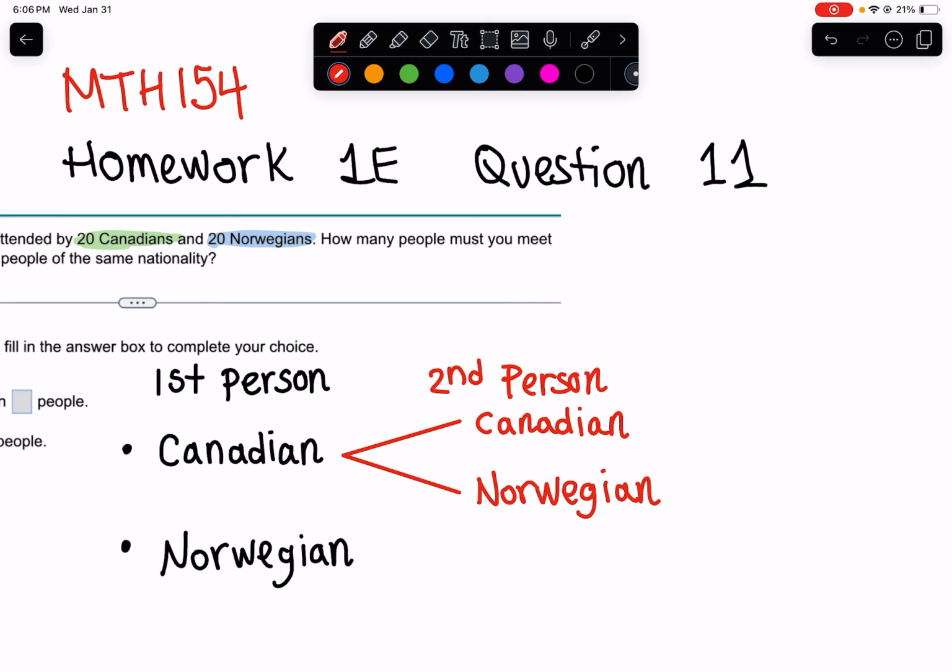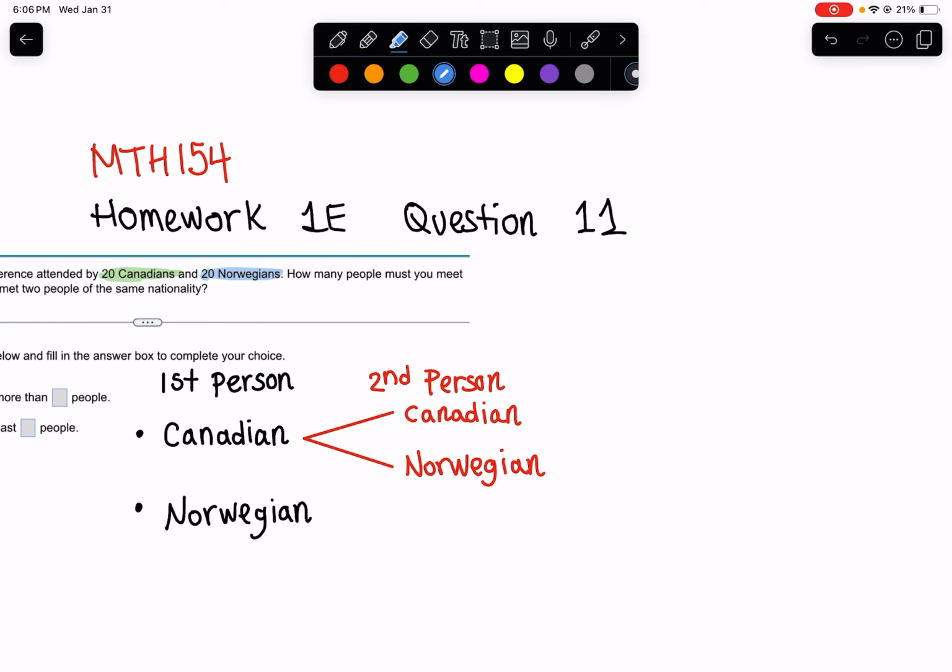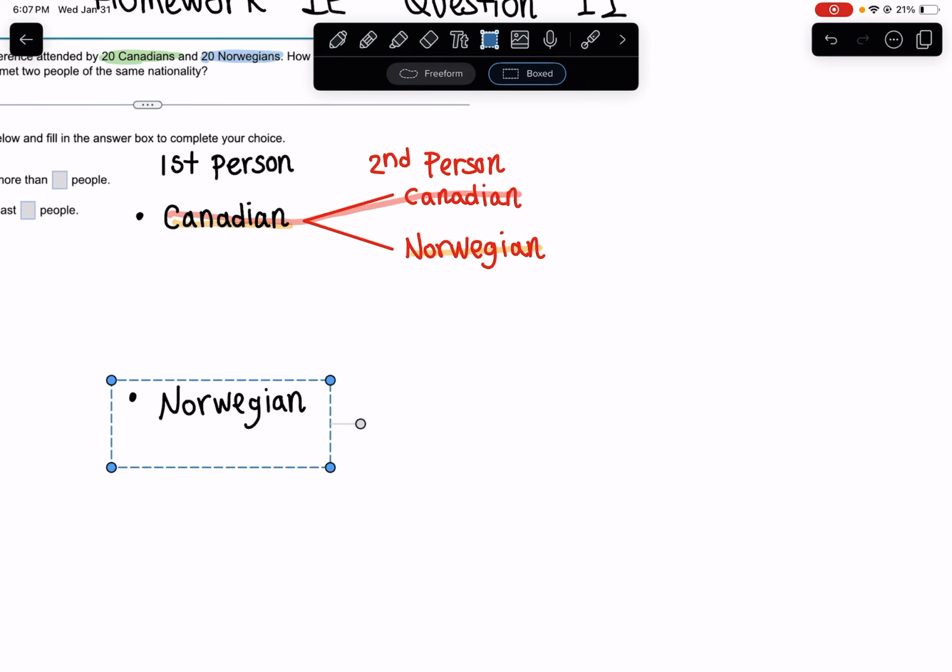Okay, so if you look at this first branch, then I already met two people of the same nationality. But if I start with Canadian and then I meet the Norwegian, then I really didn't meet two people from the same nationality just yet. So I'm going to look at this branch now, okay?